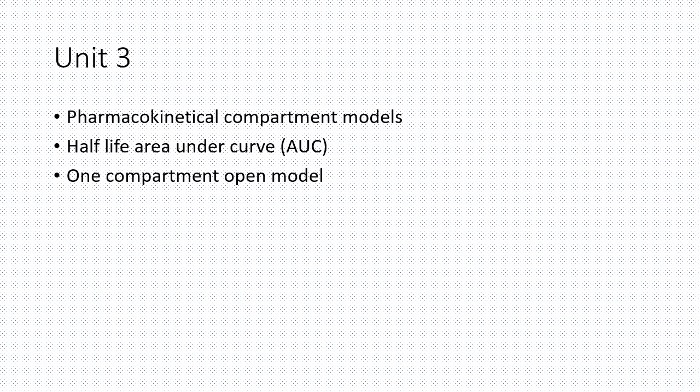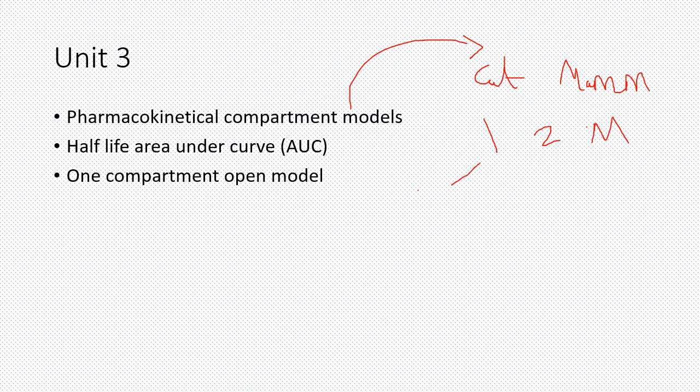Next, we have unit number 3, wherein you have to study the pharmacokinetic compartment models. There are many models, that is the catenary model, mammillary model, and then you have one compartment, two compartment, multi compartment. Also, you have the one compartment open model and one compartment closed model.